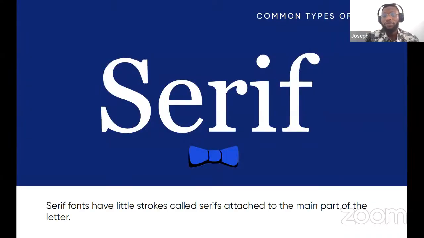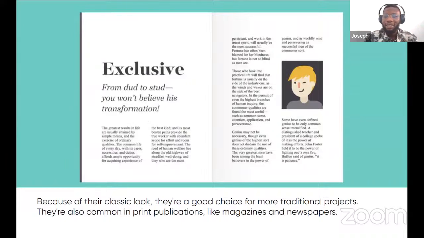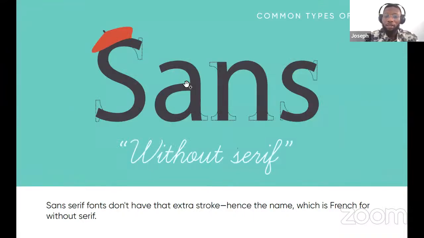And we talked about serifs being the stroke on the text, and they are majorly used for classical, traditional projects and publications, magazines, newspapers, and the likes, invites and co, right? Then we moved on to sans, which is just a French word for without serif. And you can see here, I explained to you what serifs are. And when you take off the serifs, you get sans serif, right?